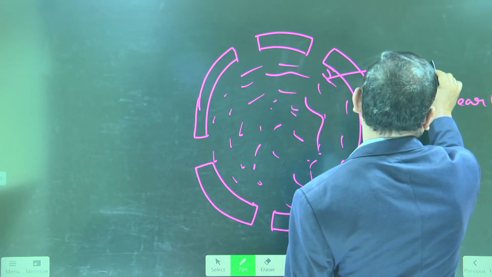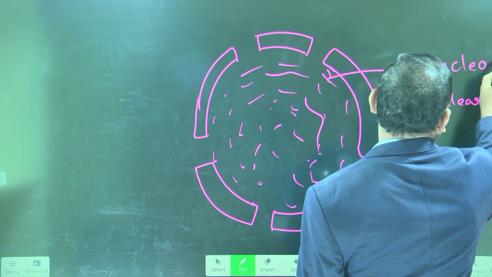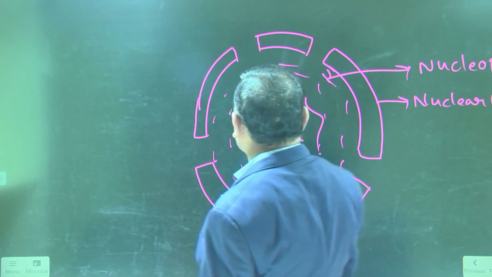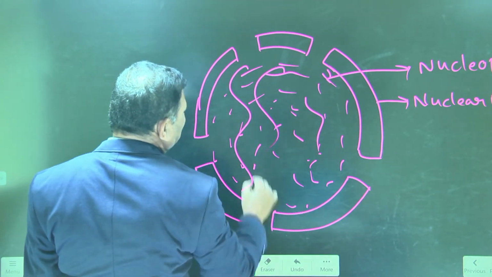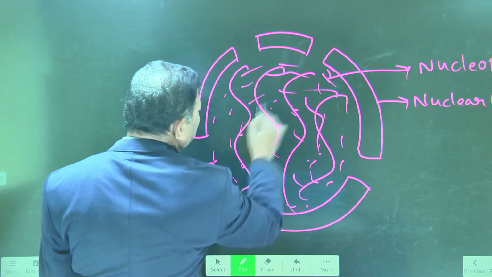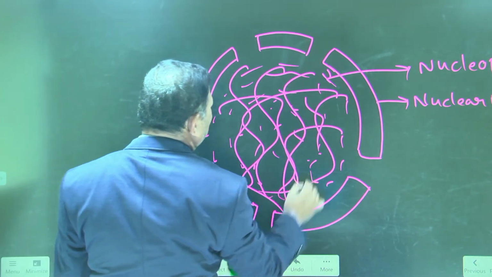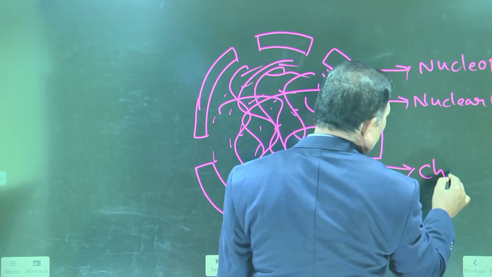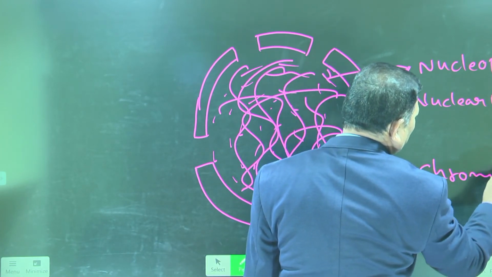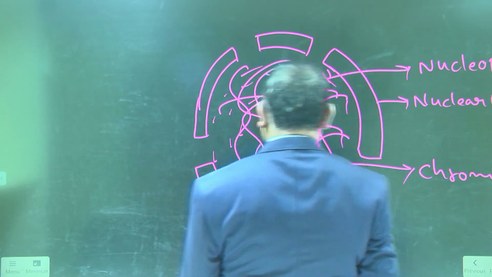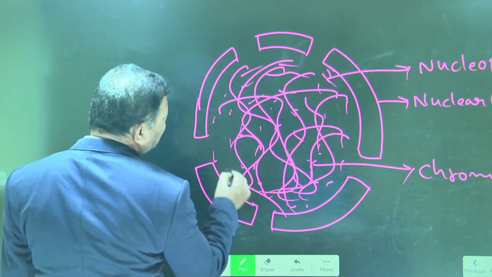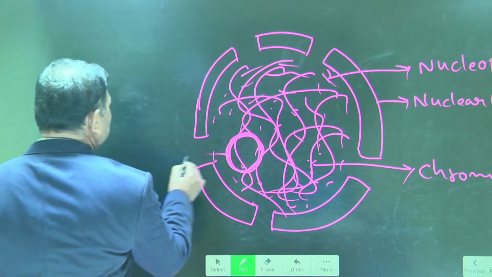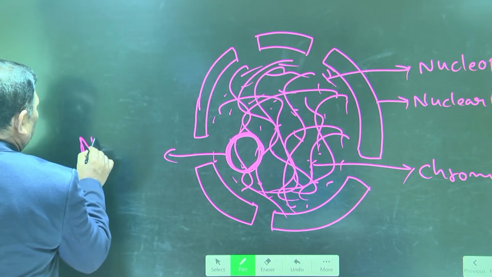Inside the nucleoplasm, thread-like structures are present, nothing but chromatin. In the chromatin, round ball-like structures are present. This is called the nucleolus.